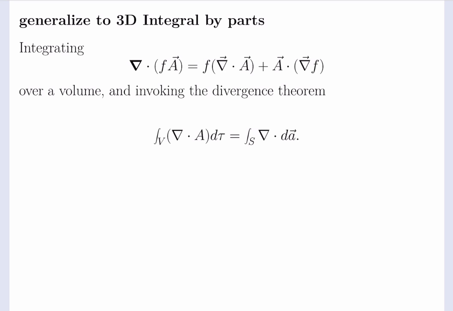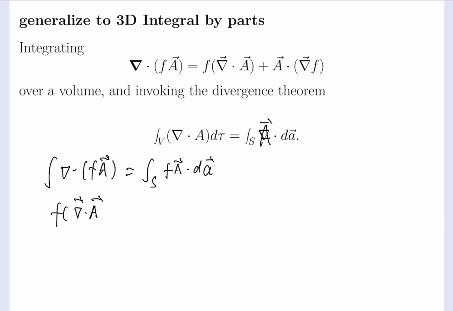So the integral of del dot fA, which is on the left hand side, equals, I think this should be A, so it should be the surface integral of fA dot dA on the left hand side, and on the right hand side, the integral over V of f del dot A d tau, and the second term is the integral over V of A dot del f.